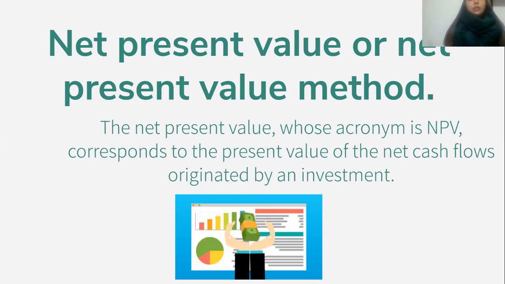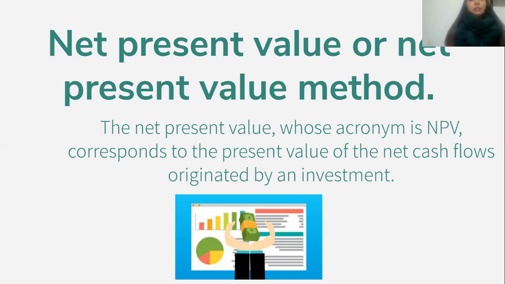This is equal to 361,752.71 Mexican pesos. This result confirms that the net present value is correct since the income is greater than the expenses.